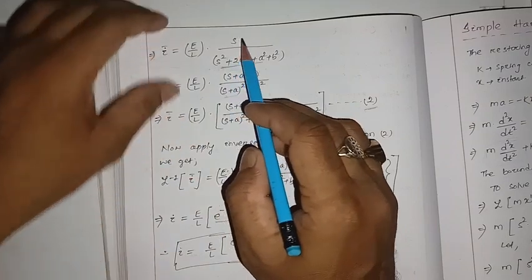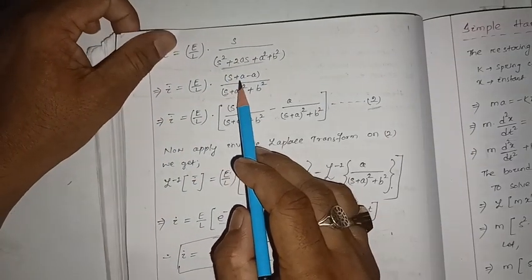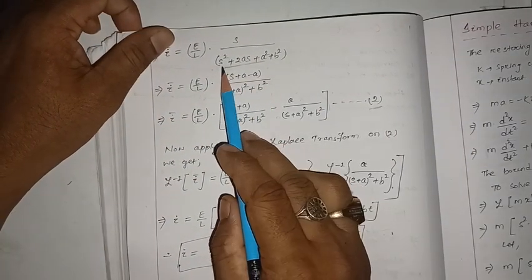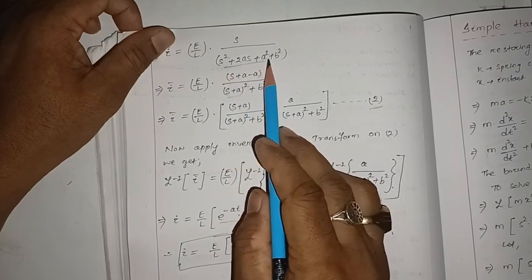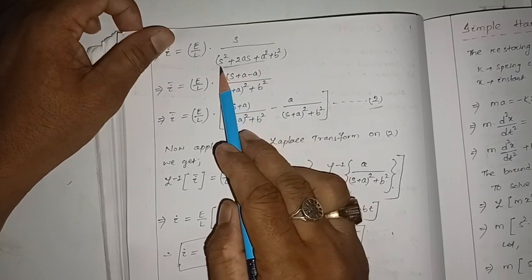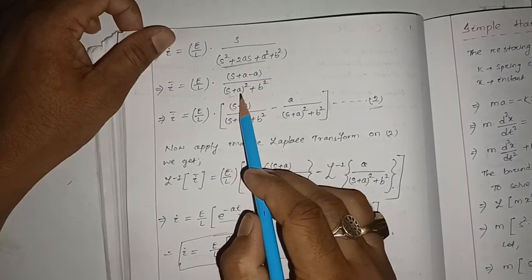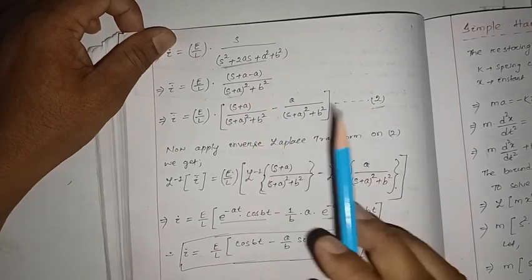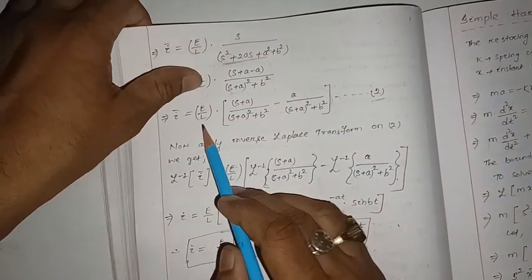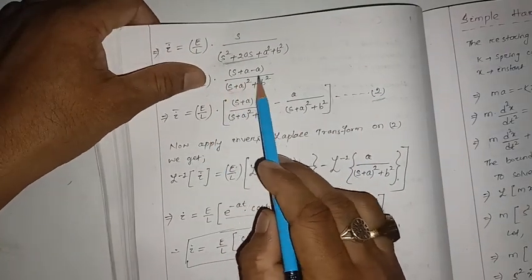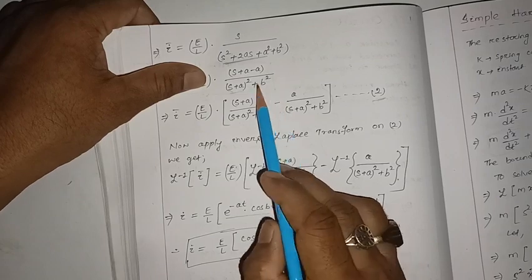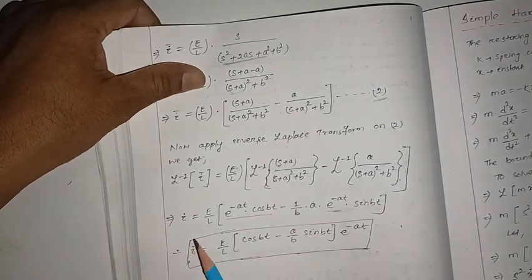So the numerator can be modified as S plus A minus A. This one can be written as, here s square plus 2as plus a square can be written as s plus a whole square, and this b square is b square. Now E by L into s plus a by this whole denominator minus a by this one, right?